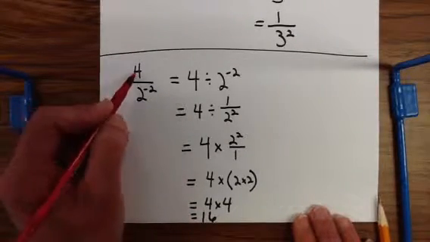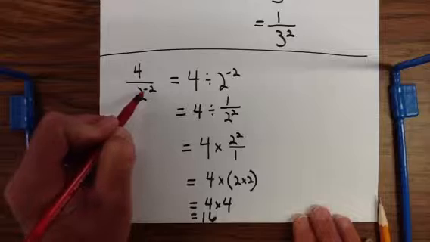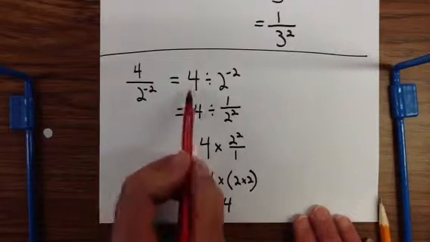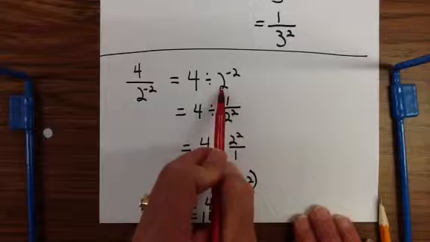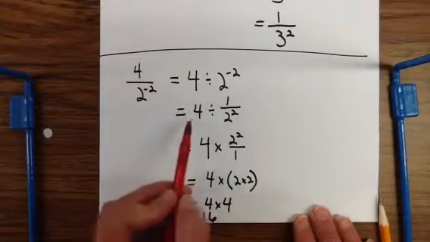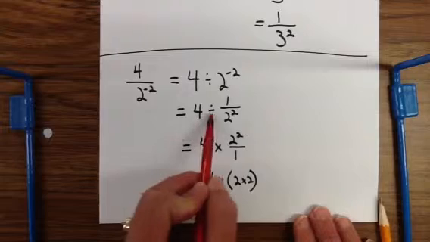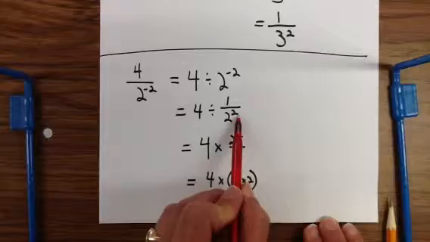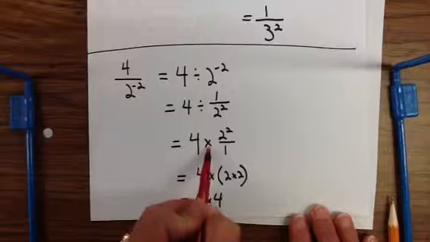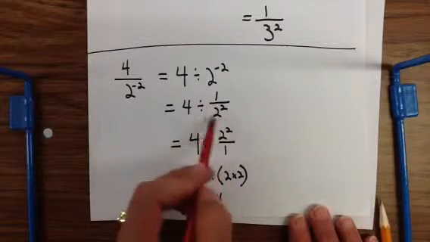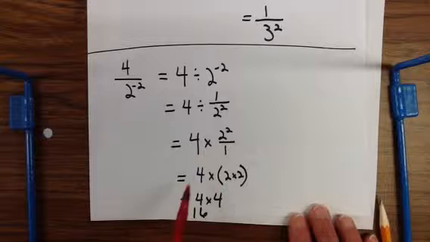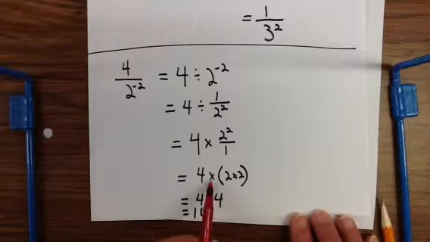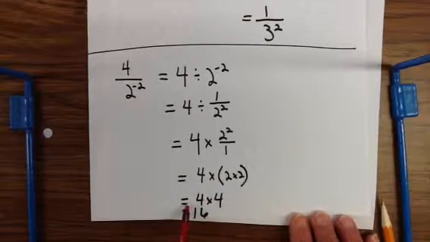Let's say I have 4 divided by 2 to the negative 2. That's the same thing as 4 divided by 1 over 2 to the positive 2, right? We know with fractions, it's 4 times the reciprocal of this, so you flip that over. And then that ends up being 4 times 2 times 2, which is 4 times 4, which is 16.